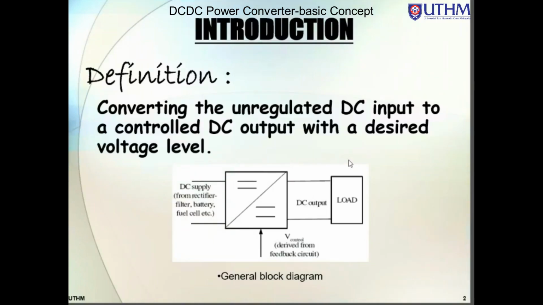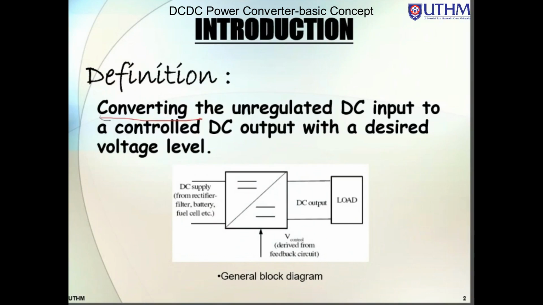Okay, so first let's have a look into the definition. DC to DC actually, meaning for the DC to DC is converting unregulated DC input to a controlled DC output with a desired voltage level.